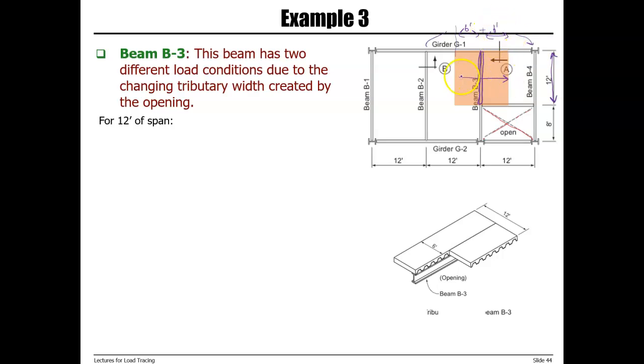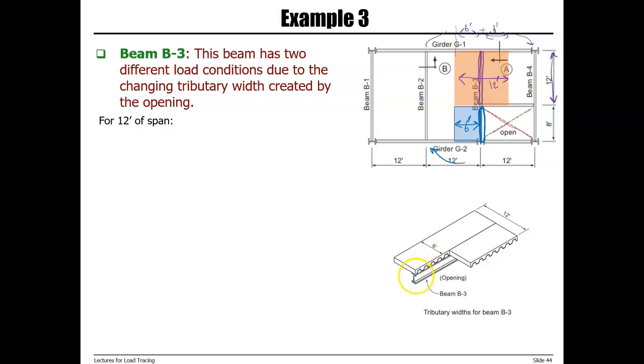So here tributary width is 12 feet. But for the rest of the beam here, where we have opening on one side, there is only one adjacent member and there is only area load on one side. So tributary width is 6 feet.